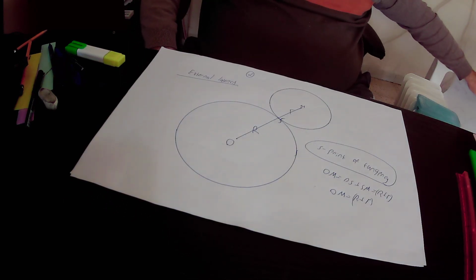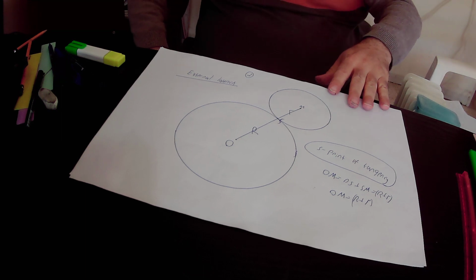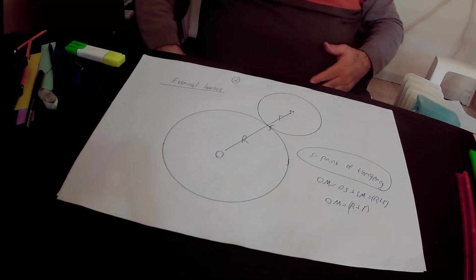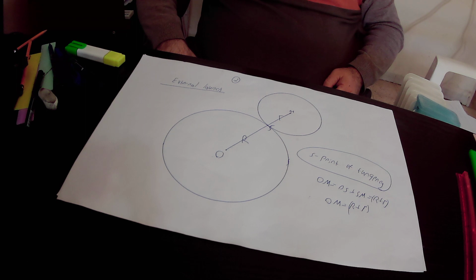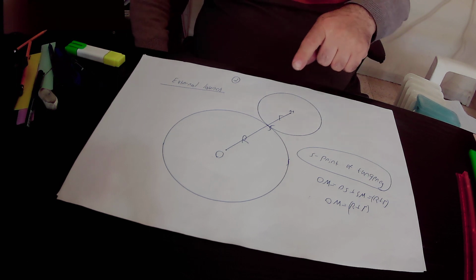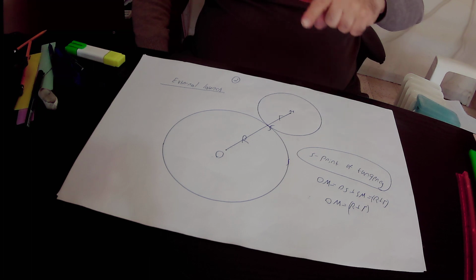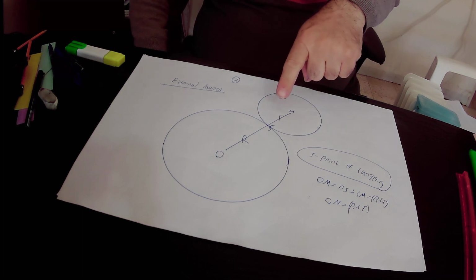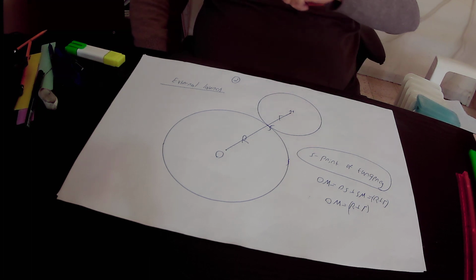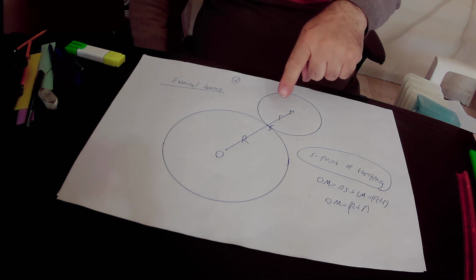The first theorem is the external tangency. When 2 circles are touching each other externally, like in this drawing, the point of contact between them is at point S. S is the point of tangency.